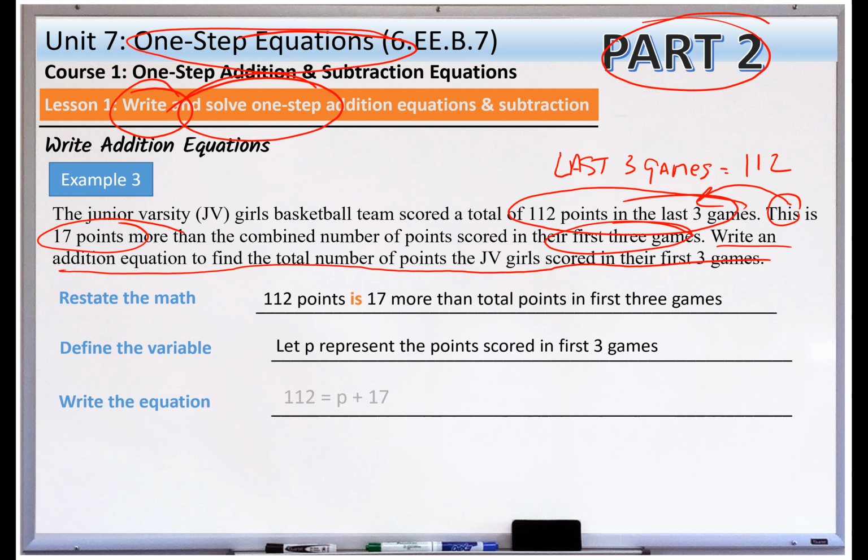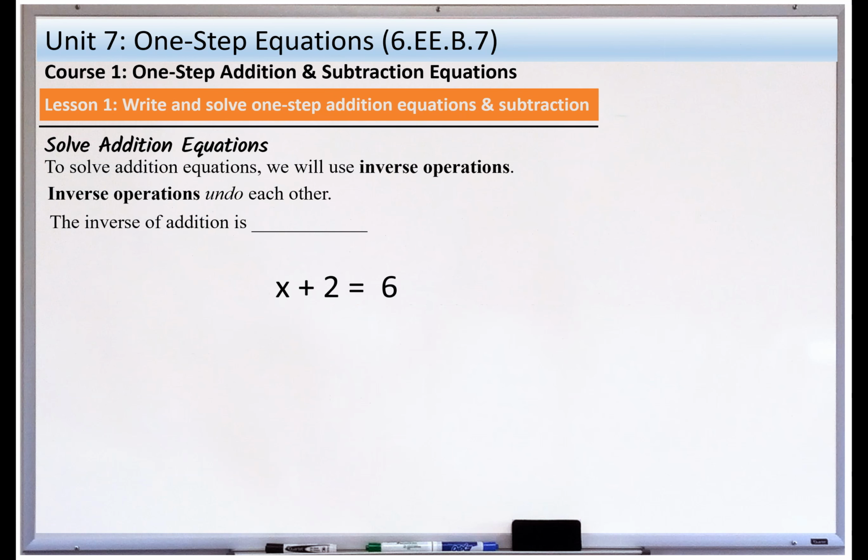So my equation is the points scored in the last 3 games is 17 points more than the first 3 games. You could have written the first 3 games plus 17 equals the points in the last 3 games. Either way is fine. Okay, so that's how we write.